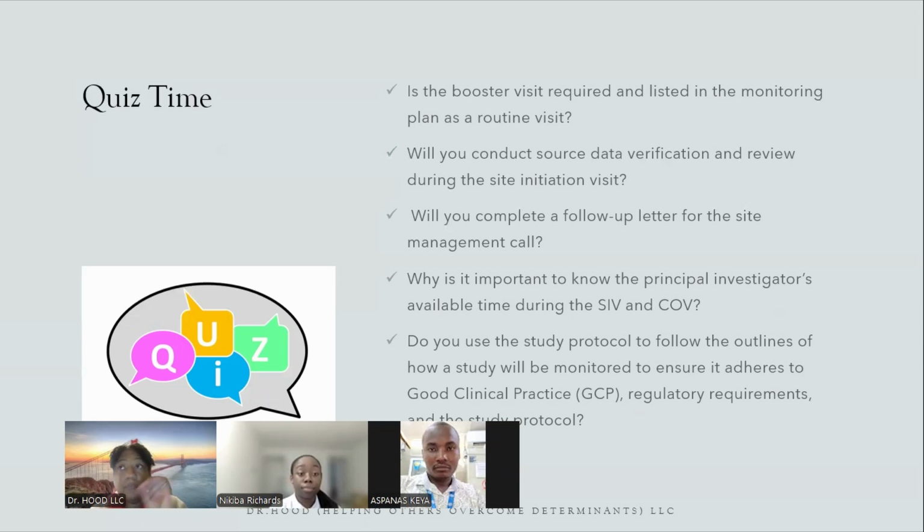Now, there have been times when CRAs have come to the site and then the PI had to abruptly leave and they don't come back. And they had to complete everything with everybody else but the PI. The site cannot be green lighted until you have a discussion with the PI.